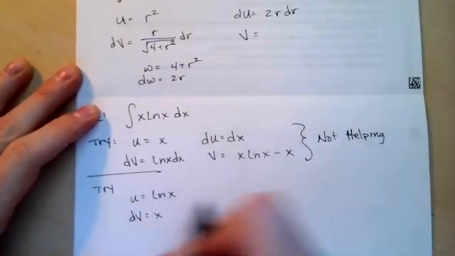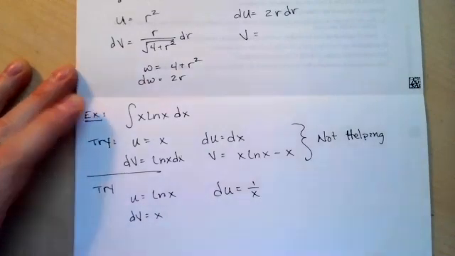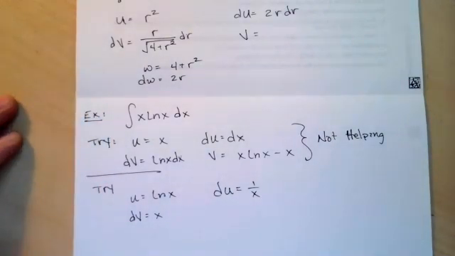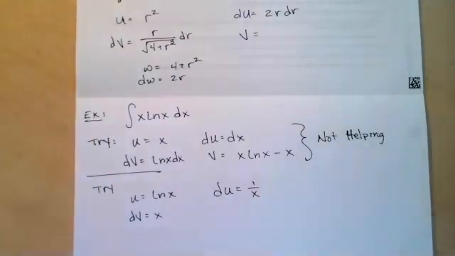Well, we can take a derivative of natural log. That gives us 1 over x. And I can integrate x, even though it's getting a higher power and looking a little more complicated.